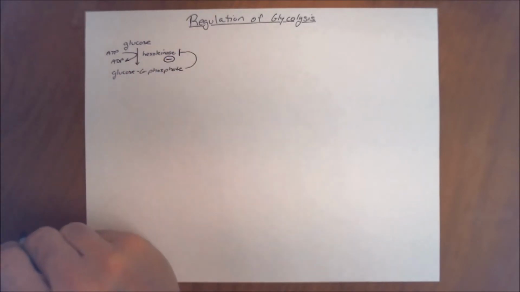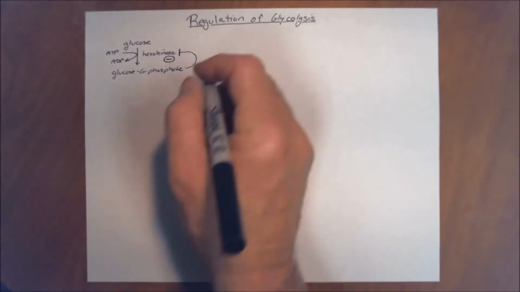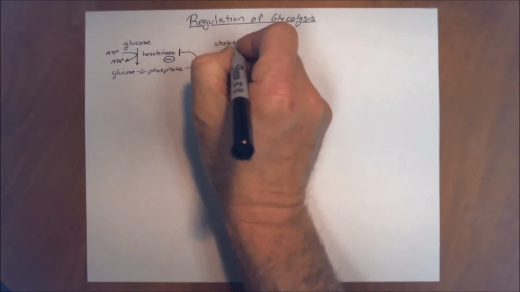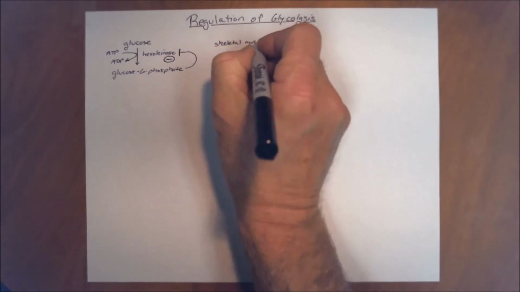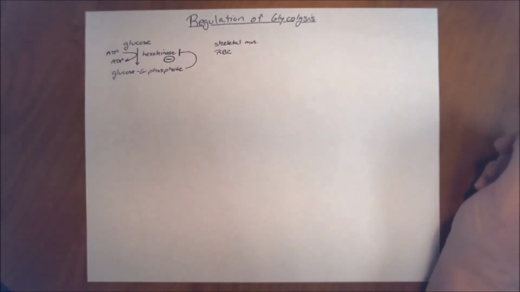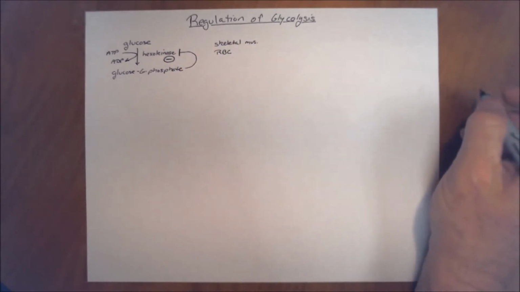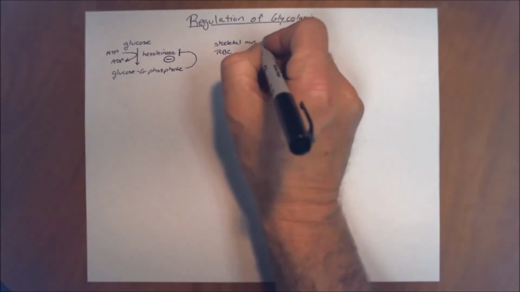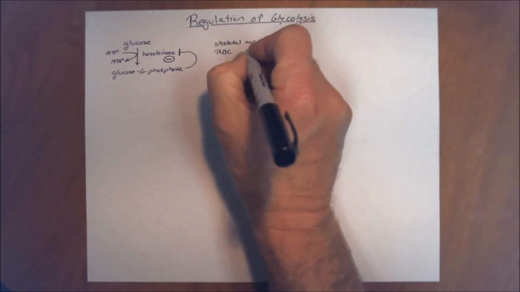of glucose conversion. Now, when we're talking about skeletal muscle or red blood cells, like we did in the glycolysis video, considering regulation at this level is very much unimportant.